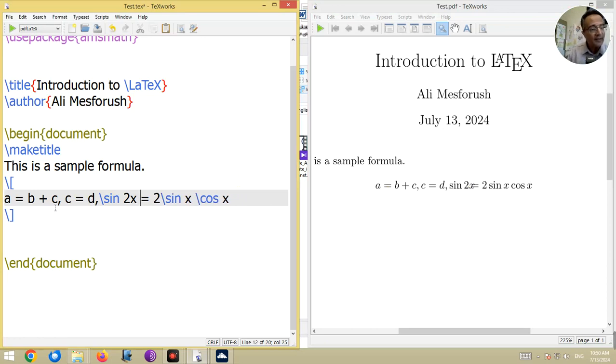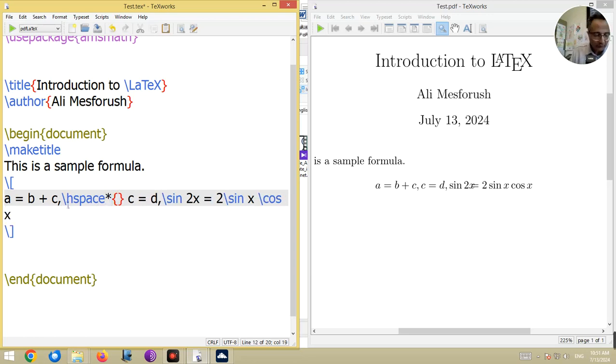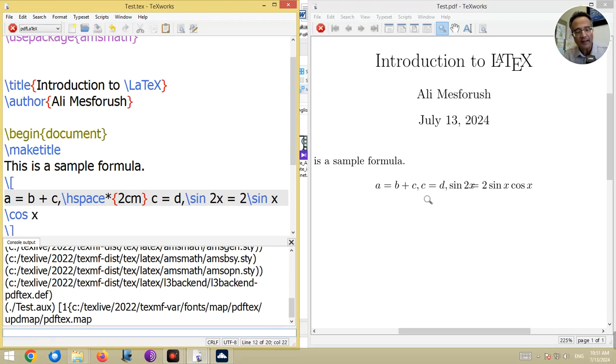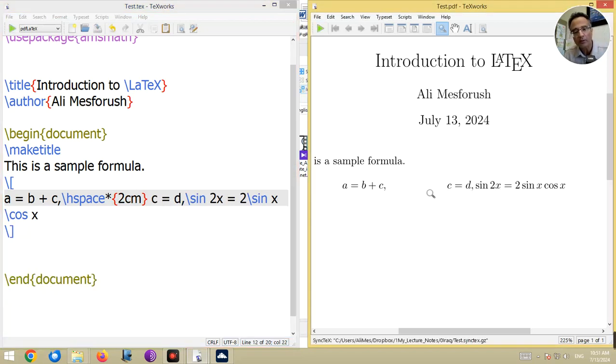And also there is another way to change the distance between formulas to a desired length that we want. You can use here hspace star, and for example you can put 2 centimeters, and if you run, the distance between the first and the second formula will be exactly 2 centimeters. Okay, this is another way to increase the space more than, for example, qquad.